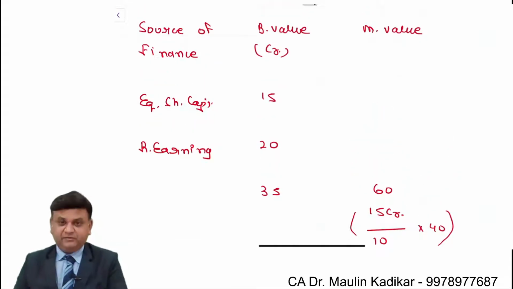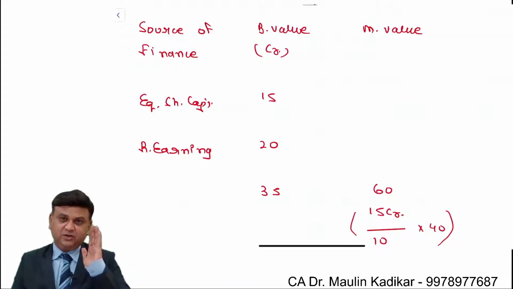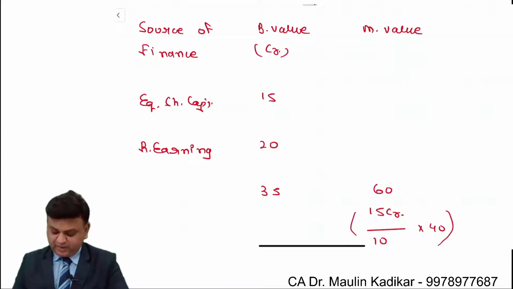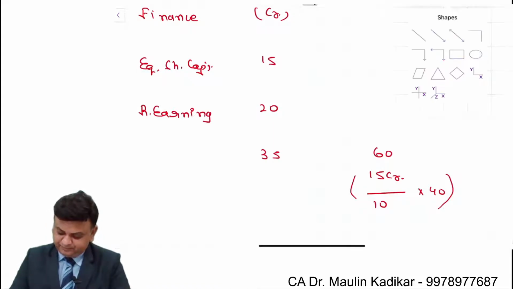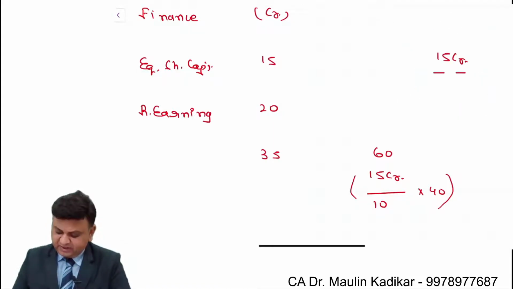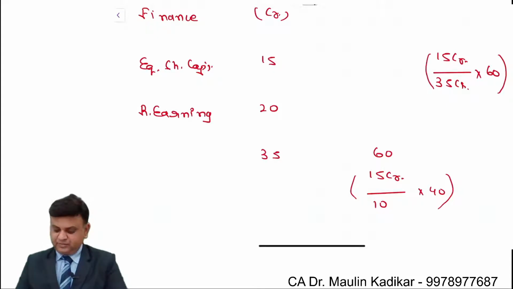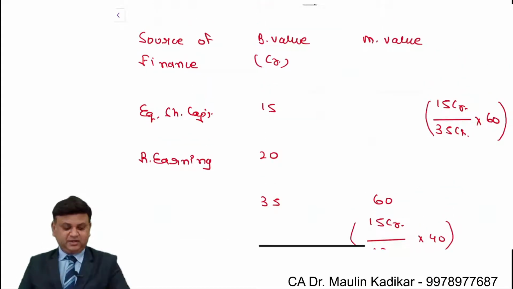Now we'll convert this market value into book value of equity and book value of retained earning. So 15 crore divided by 35 crore into 60, and the remaining will be for the retained earning.